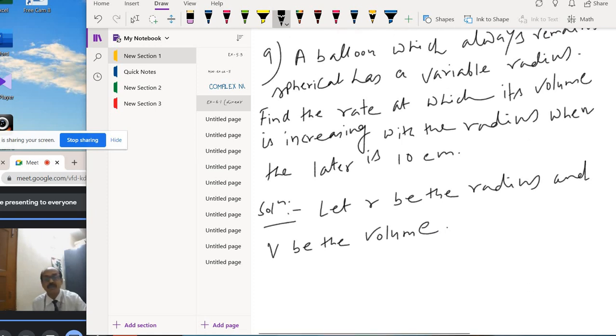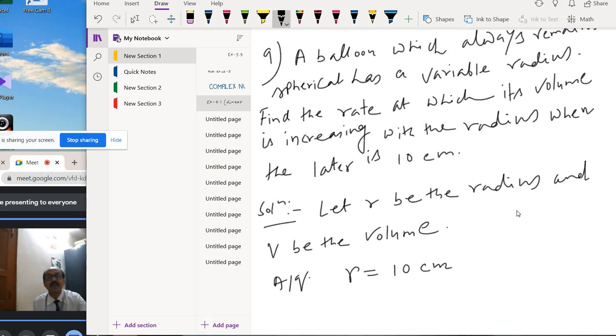Now it is given in the question R equal to 10 centimeter. Now question is find the rate at which its volume is increasing.